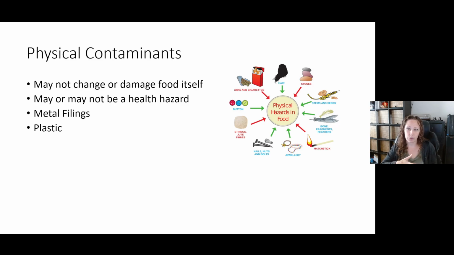Plastic can get into food. That could be for the same reasons as metal filings. Most of those belts that the food is carried on in a food manufacturing facility are plastic, so if something chips off or wears away, that can get into the food. It could be the packaging material, where some of it gets chopped up and ends up in the food.